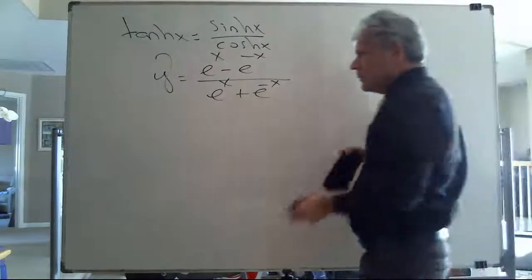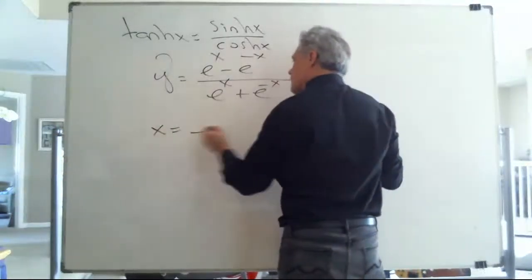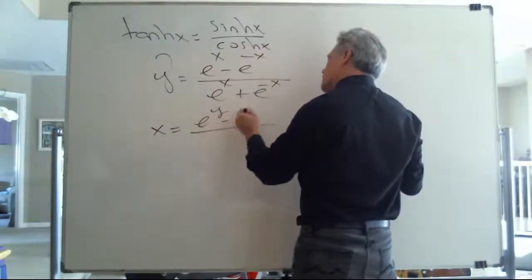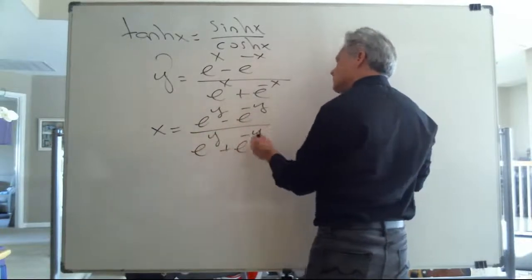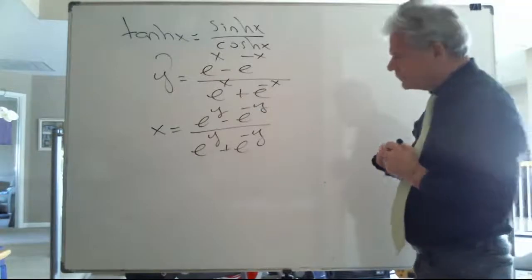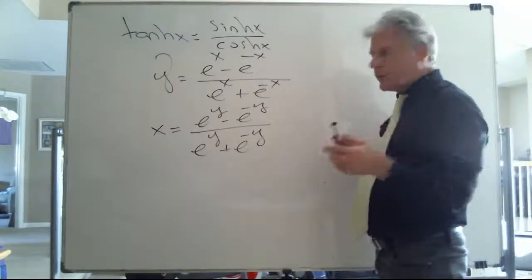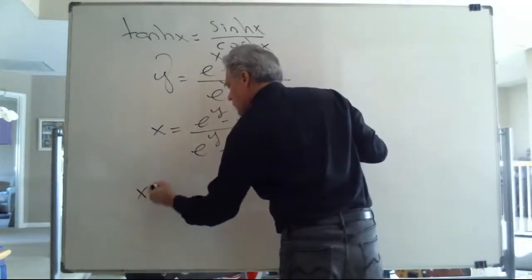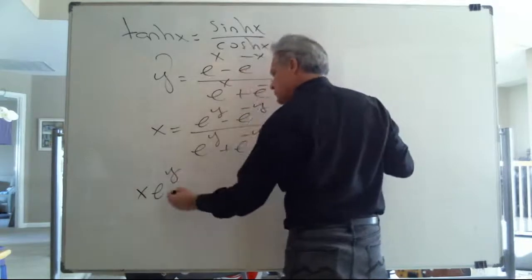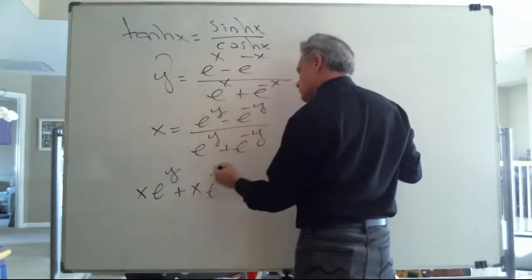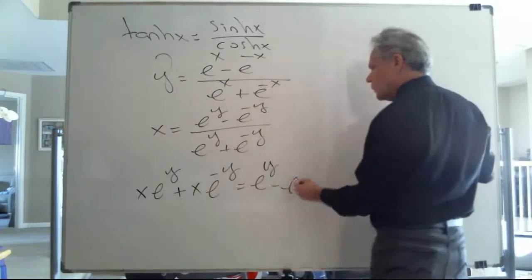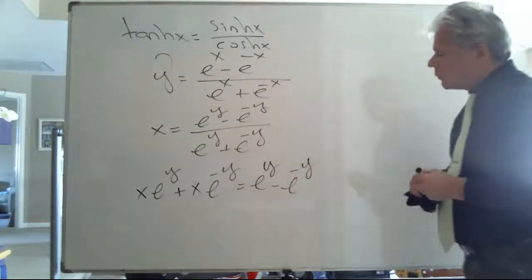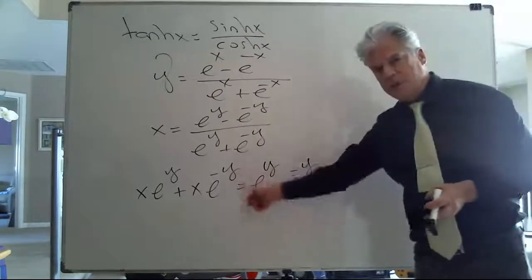I will next interchange variables. And solve for y. Here too, I'll get rid of fractions. Here too, I'll recognize that I failed to get rid of fractions completely.